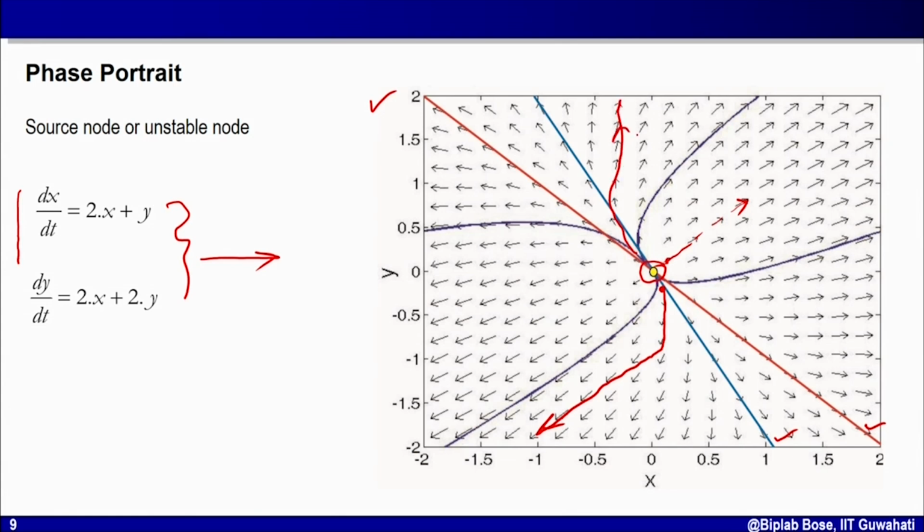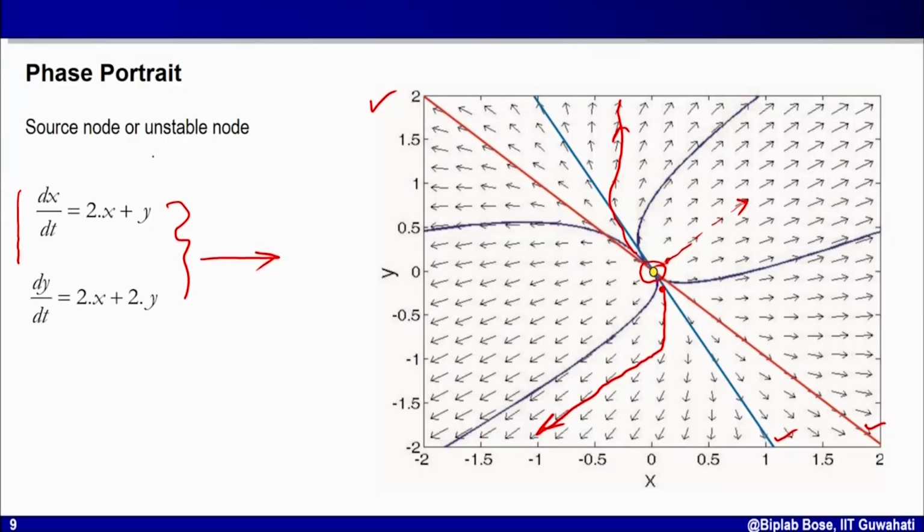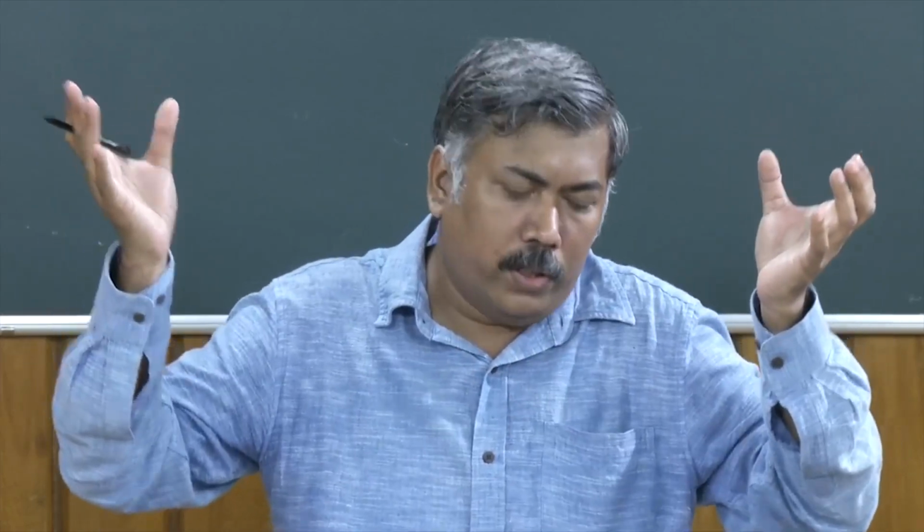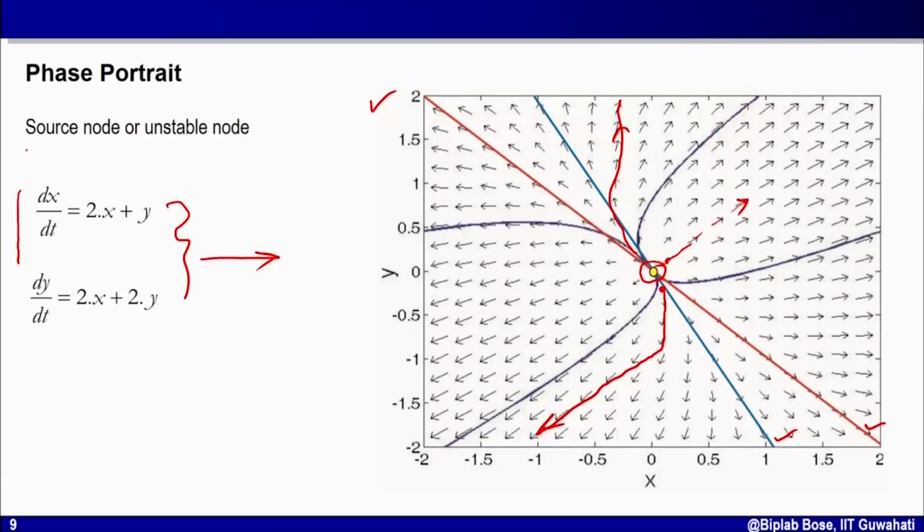So you can easily see by observing these trajectories that if you are at this steady state at the intersection point of two null lines, you will stay there. But if you perturb the system slightly, the system will diverge away. It will move away asymptotically from this steady state. So this type of steady state is unstable, and it is like a source, from where all the trajectories are originating. That's why this type of steady state is called a source node or unstable node.